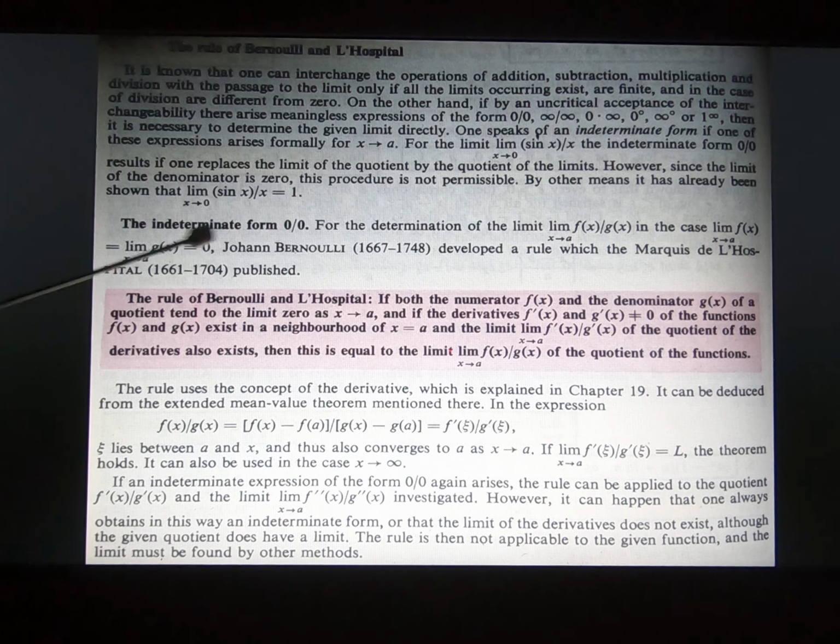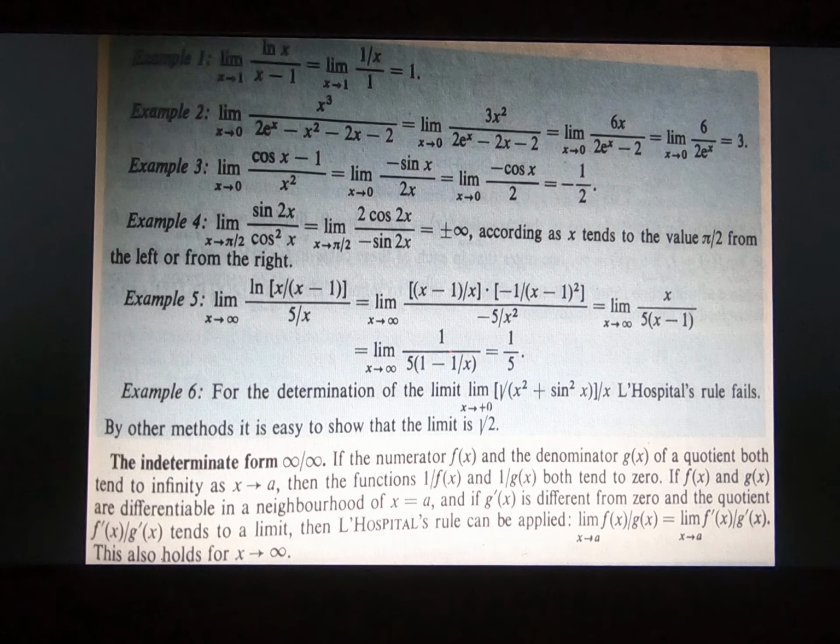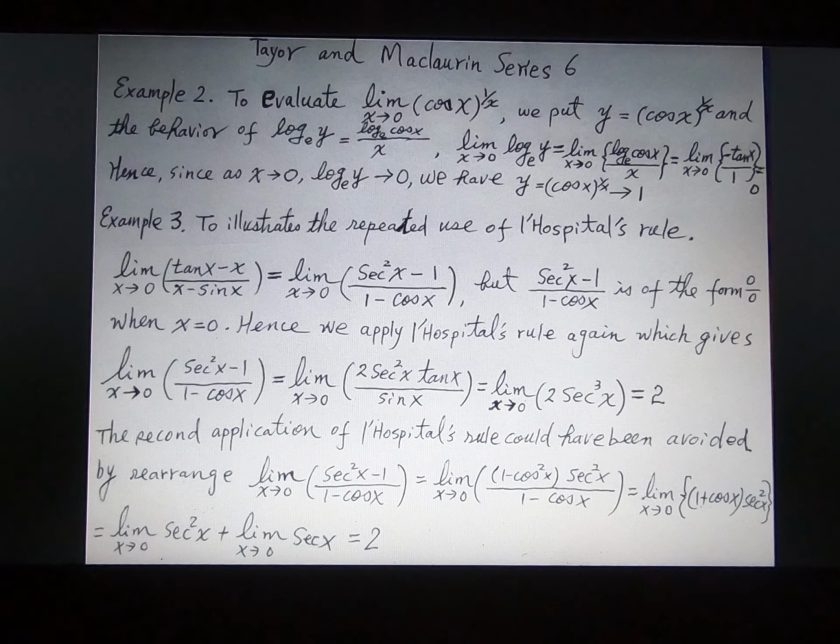And these are the indeterminate forms, 0 divided by 0. You can also use infinity divided by infinity. And these are some of the examples using the hospital rule. And you can see even for infinity divided by infinity, you can also use this method to find the limit.